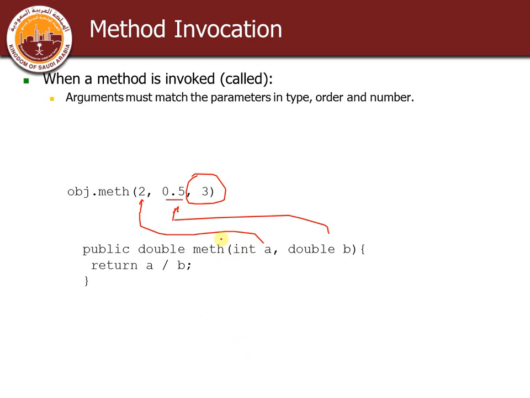Since you added this third argument, there is no third parameter to hold that third argument, and hence this is going to give you an error message. The compiler is not going to accept that because, sorry, what am I doing with this 3 that you gave me? I have no idea, so I'm going to stop right there.